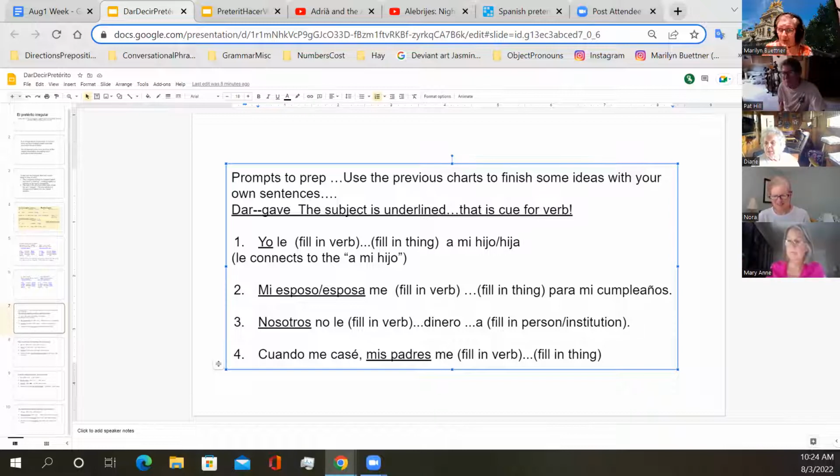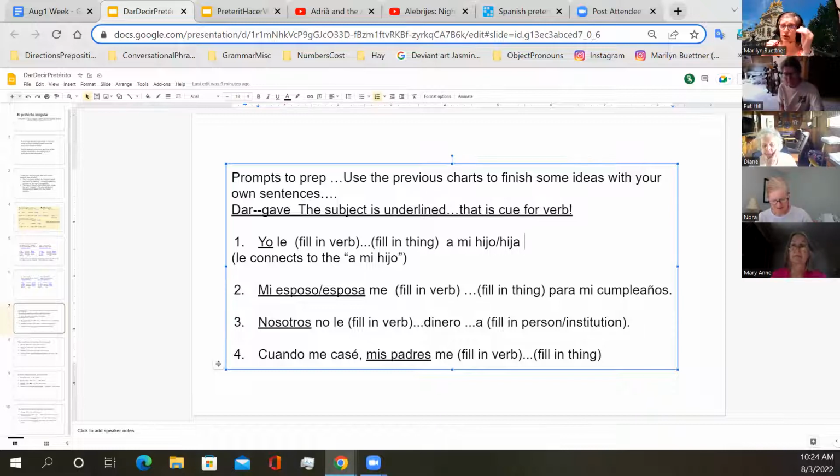Now look, this is a very natural thing. When you've got that me pronoun, look at the first one, we had a le, right? But who was doing the giving? Yo. Yo le di, yo le di, but mi esposo me dio. Me is in front of the verb, but me has no connection to the form the verb takes.